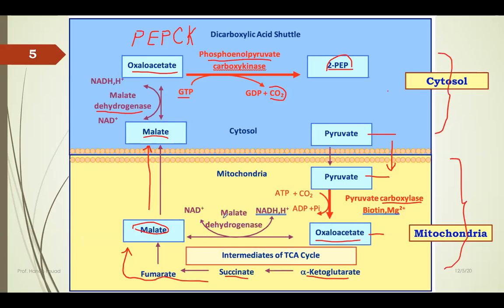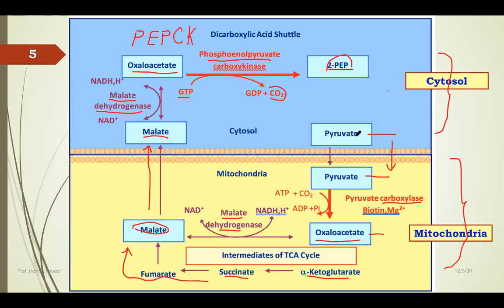Malate dehydrogenase is found inside the mitochondria and also in the cytosol, so the enzyme works in both places. Then malate repeats the cycle until we reach glucose.